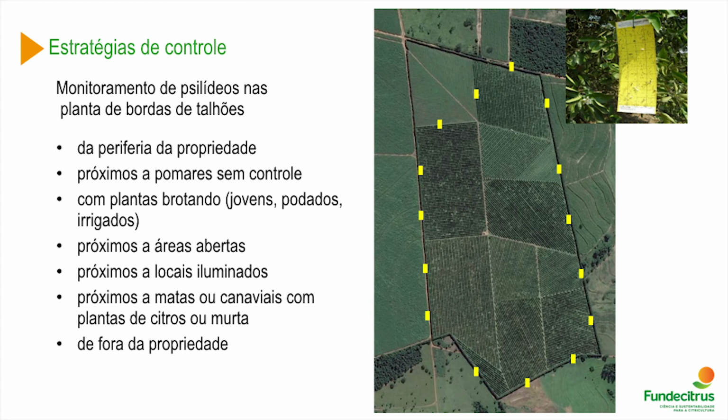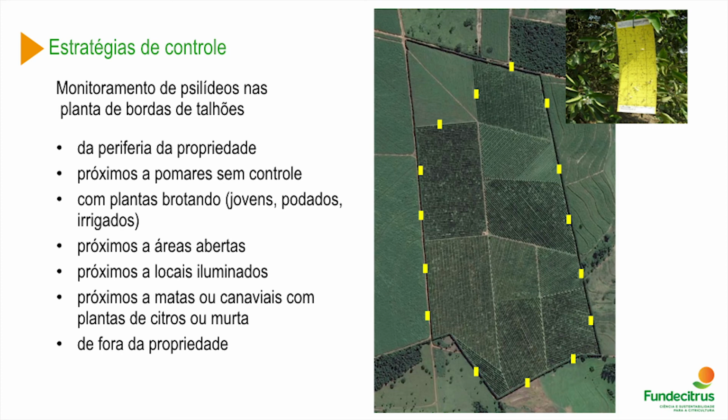we can start thinking about how to use this diagnosis of the insect concentration on the border of the property to improve management of the disease. Initially, we think about the monitoring of the psyllids. So what would be the ideal position to monitor psyllids and to add the yellow sticker traps?